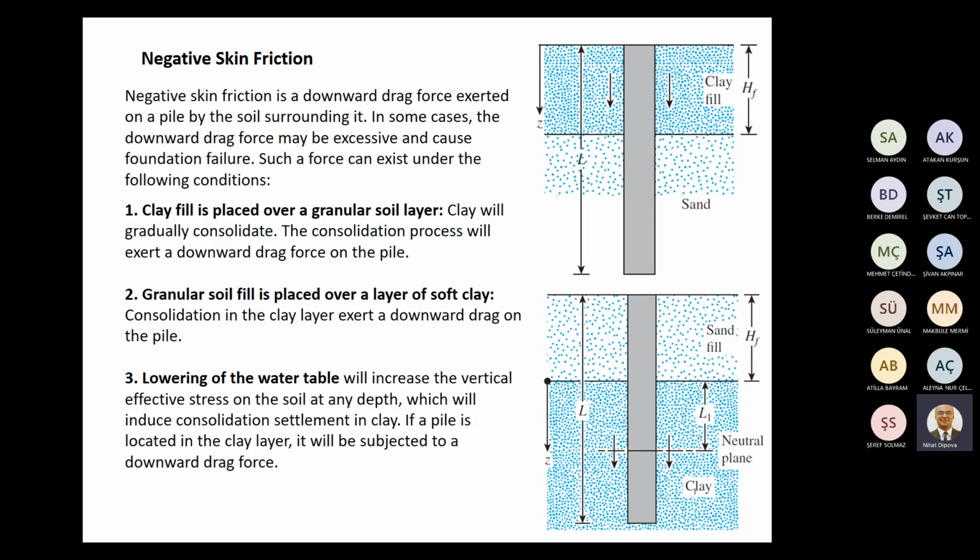If a pile is located in the clay layer, it will be subjected to a downward drag force again. This is again a rather rare case, but the general case is the second case.